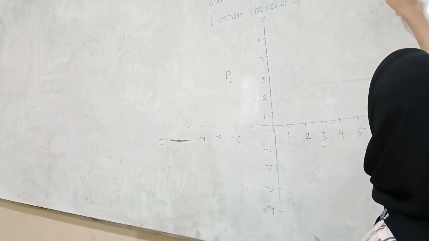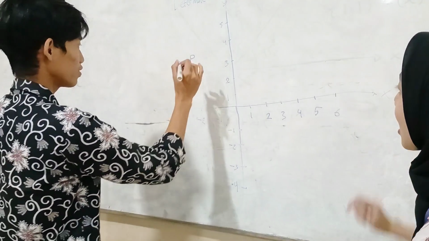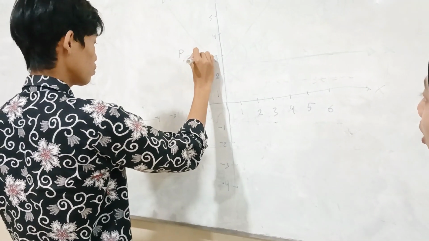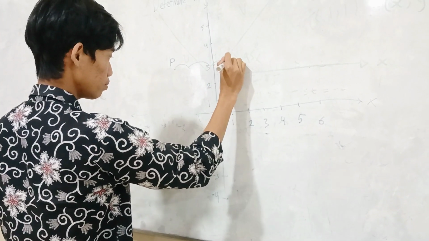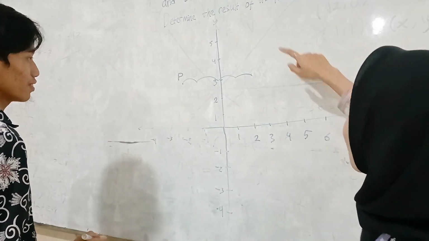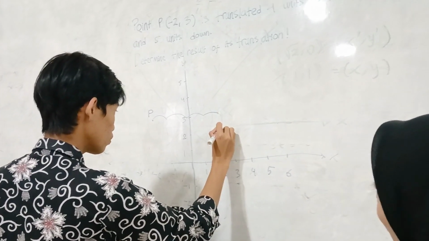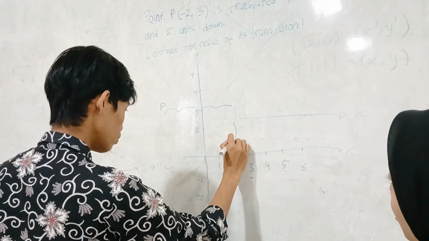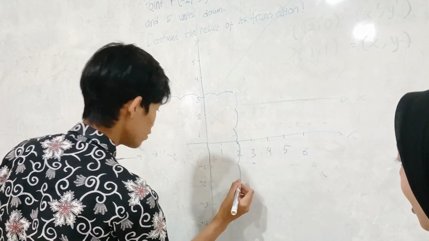It is translated 4 units to the right. 1, 2, 3, 4, good, and 5 units down. 1, 2, 3, 4, 5.